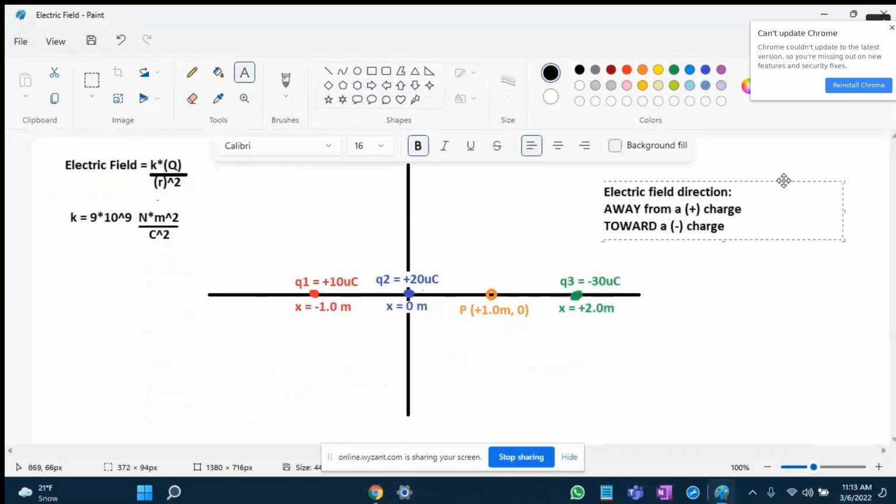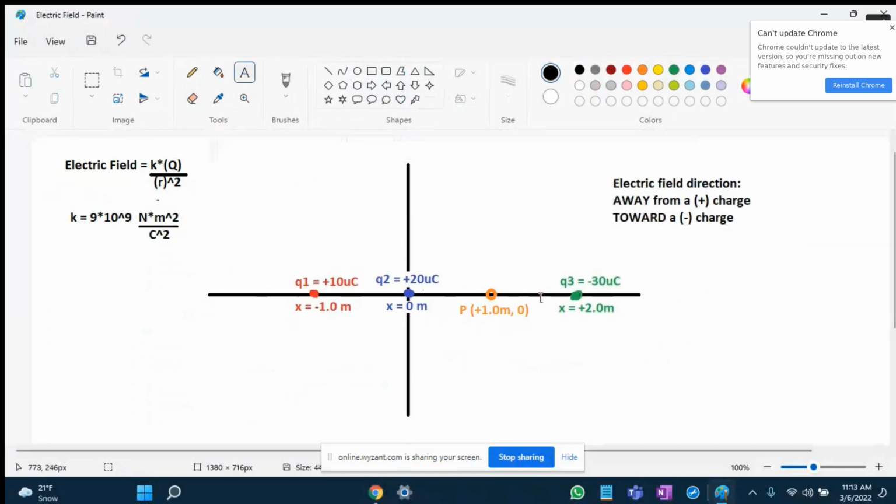So that's just something to keep in mind when we draw our electric field vectors. The electric field at point P is going to be the vector sum of the electric field of each of these point charges, Q1, Q2, and Q3.